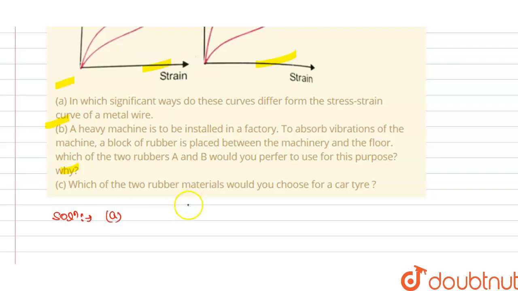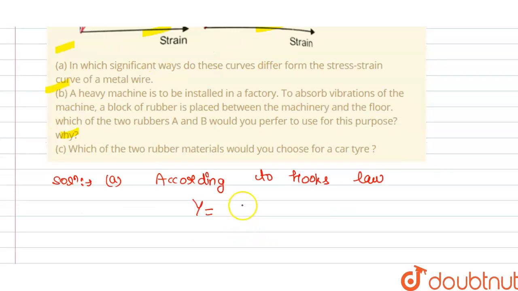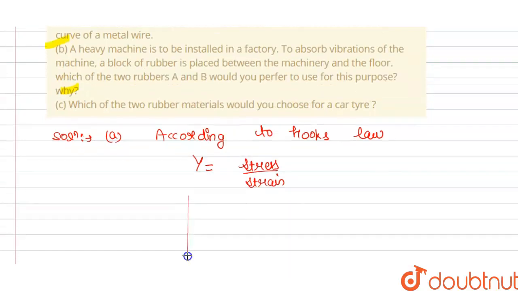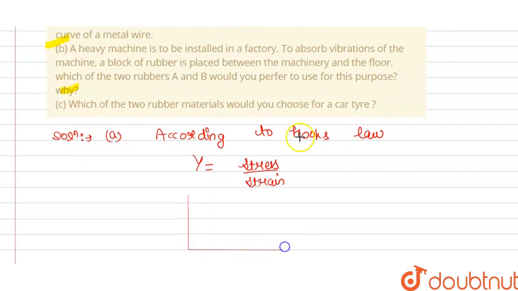So according to Hooke's law, we can write here Young's modulus is equal to stress divided by strain, and the graph is this.